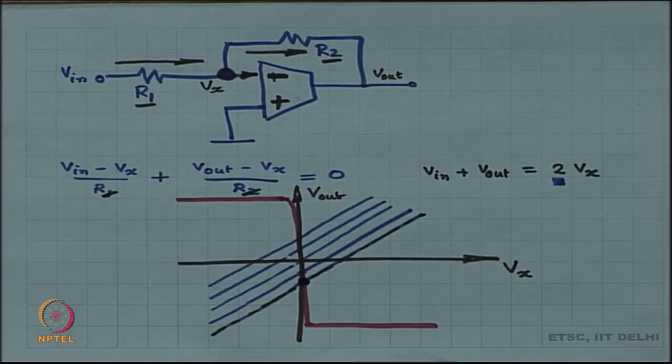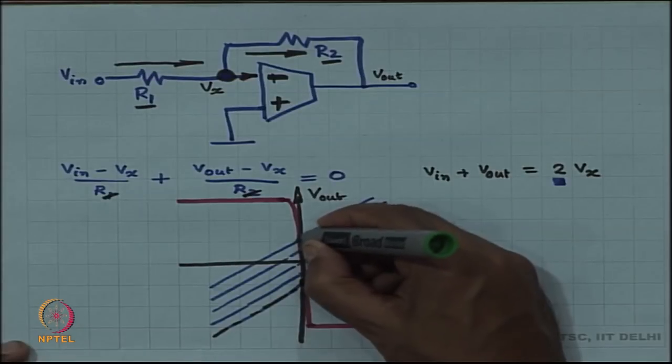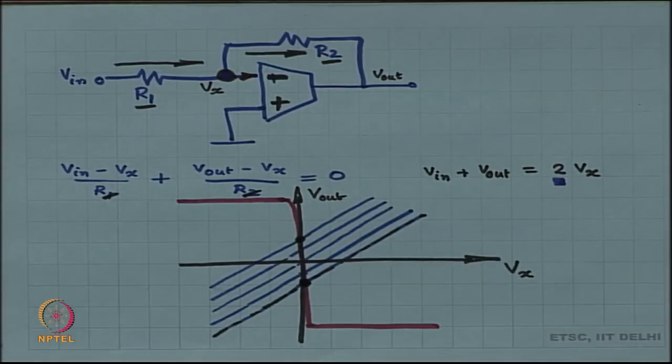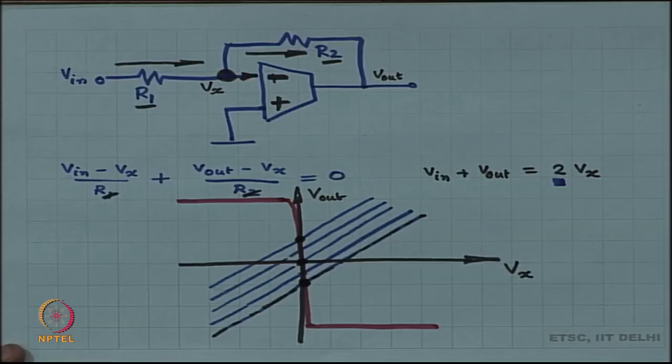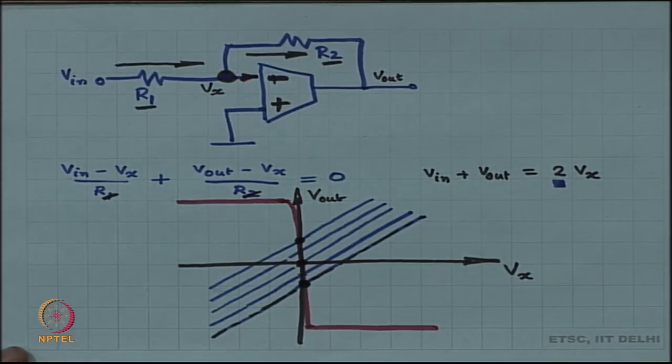Okay. Now, if I change the input to minus 1 volt, it is going to choose this point. If I choose the input to be 0 volts, there you are. So, depending on the value of the input, you are going to get a value of the output.